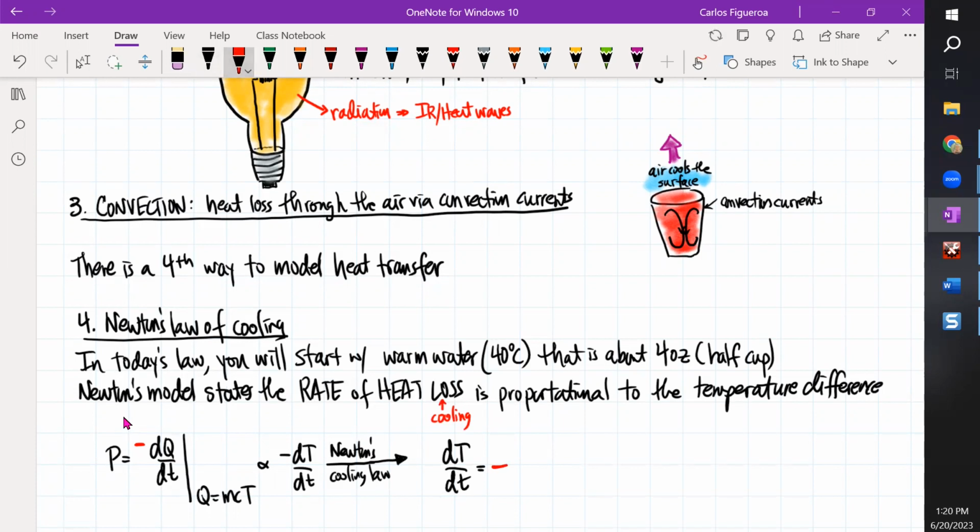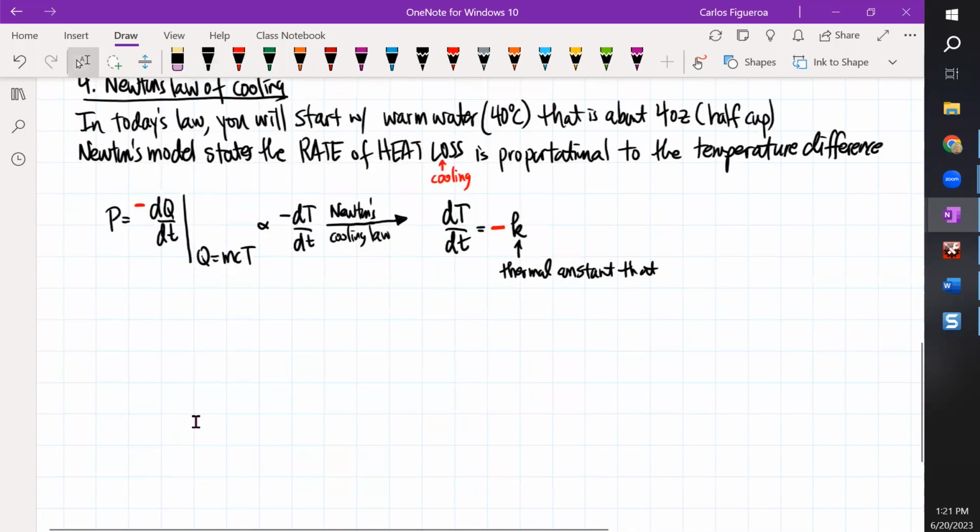So here's that minus sign. From there, that is a material property. This is going to be some thermal constant that is material dependent.